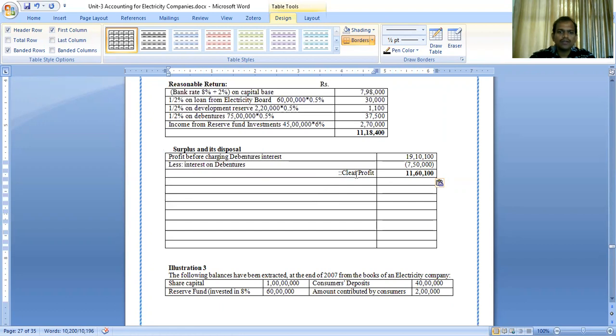Okay, so we have to deduct the reasonable return from the clear profit. So reasonable return is 11 lakh 18,400. Okay, so the difference amount is 41,700, that is surplus.